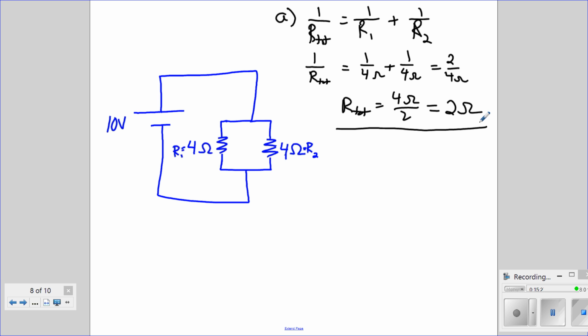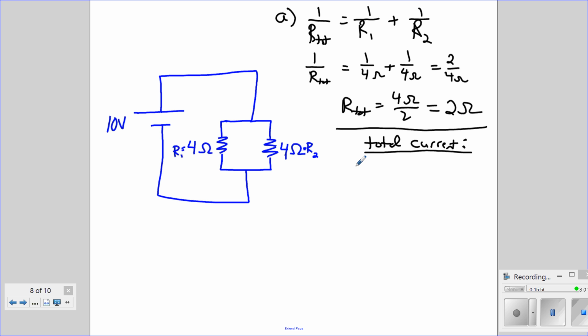If I want to find the total current in the circuit, that's where we treat this as replacing these two resistors by a single resistor with a resistance of 2 ohms. So then we would have 10 volts connected to 2 ohms.